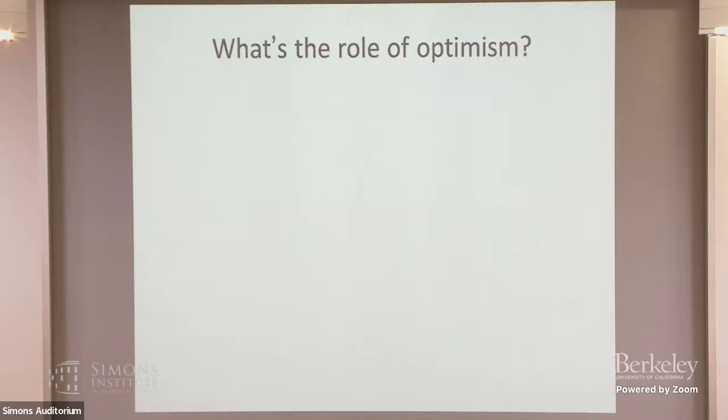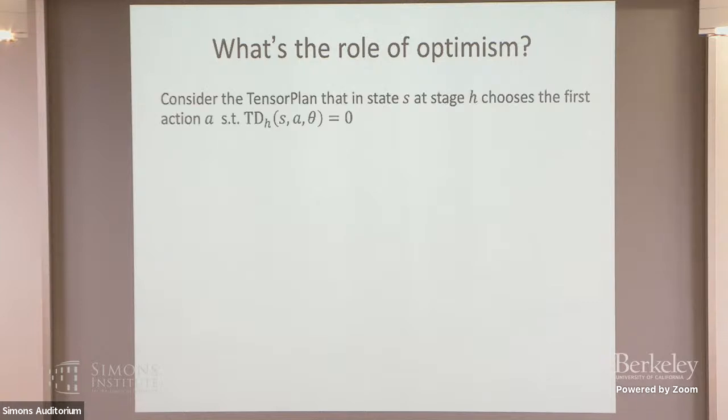The other question is, what was the role of optimism here? I already gave you a hint that the algebraic Bellman equation doesn't go both ways. There could be policies for which the algebraic Bellman equation holds which are not optimal policies.